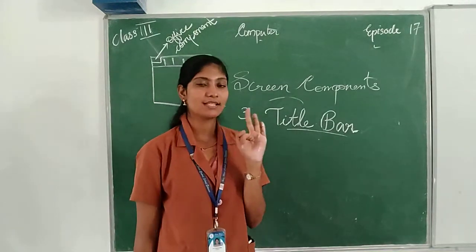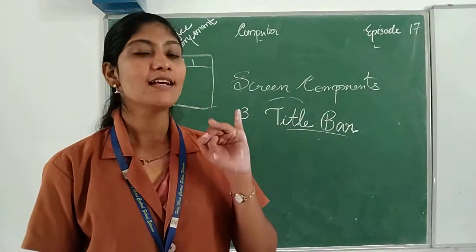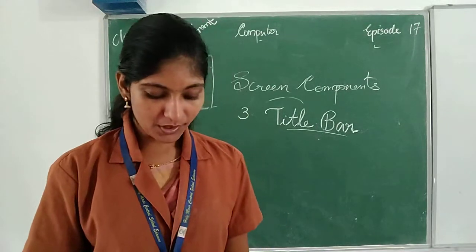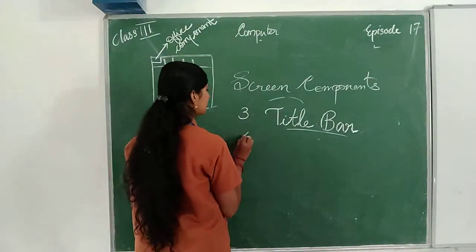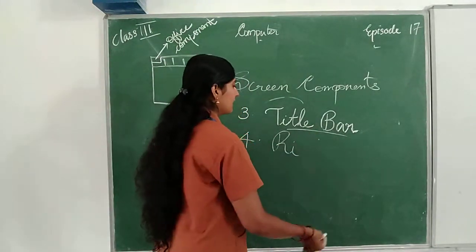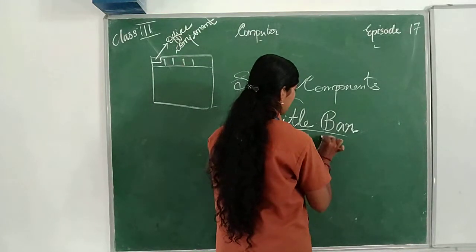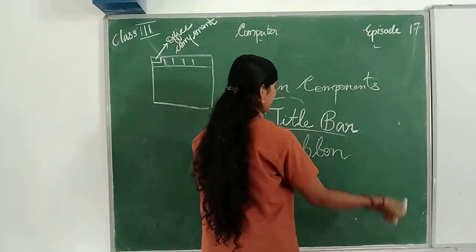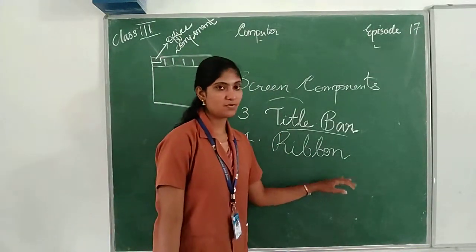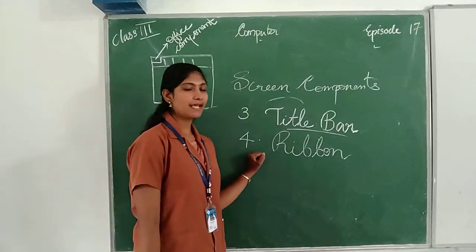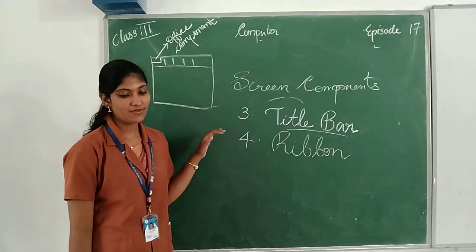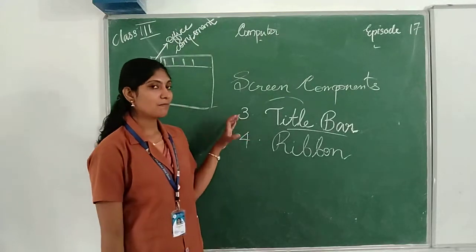So once again, what are our components? First, office button. Second, tab. Third, title bar. Then the fourth one is ribbon, R-I-B-B-O-N. The ribbon is the central place and it gives you all options to work in the document from a single area.